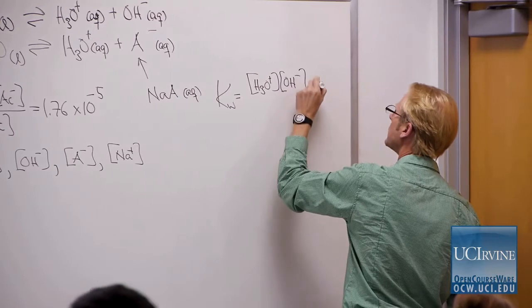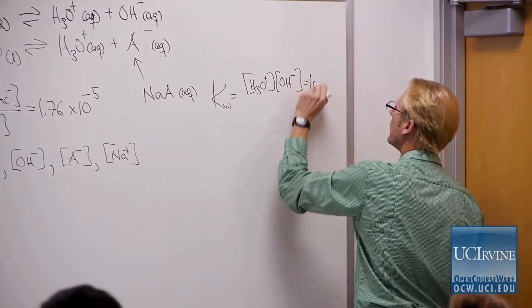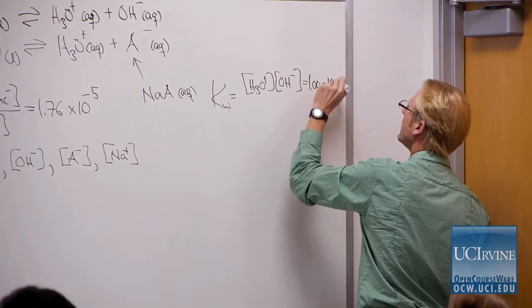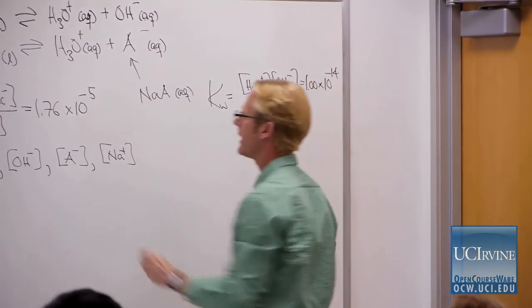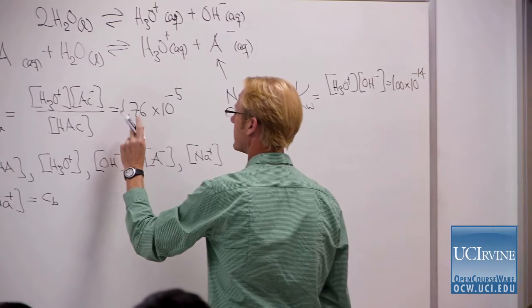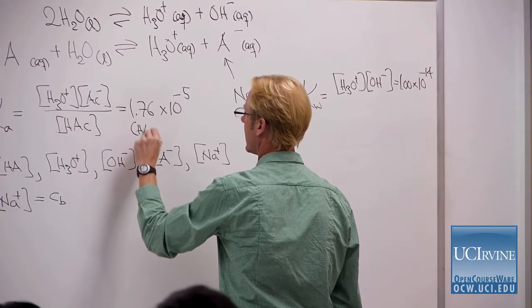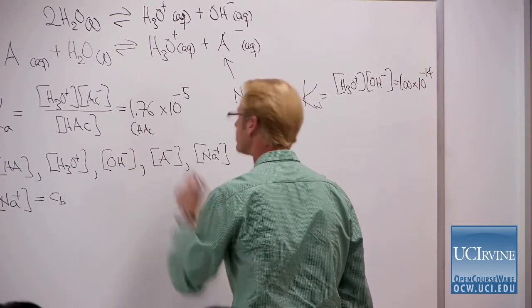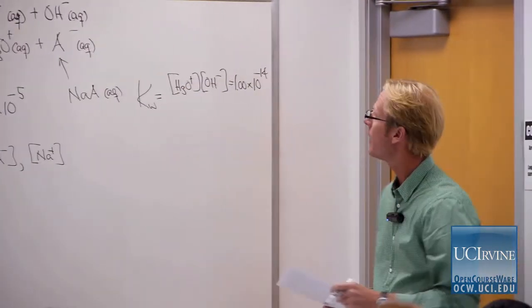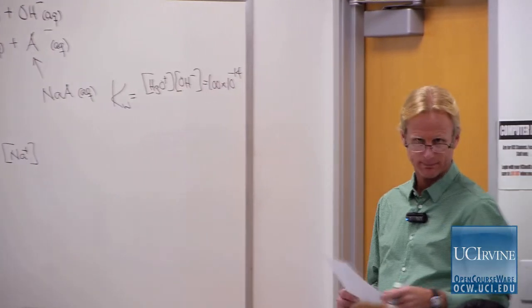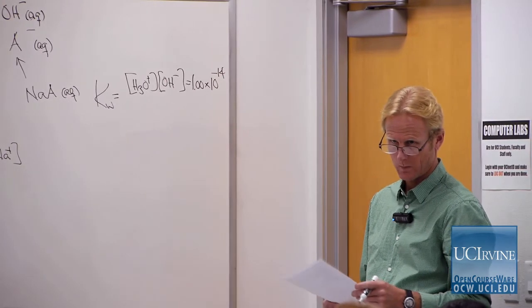And that's equal to 1.00 times 10 to the minus 14 at room temperature. This is for acetic acid. Okay. All right. So now we have 3 equations. We need 2 more.